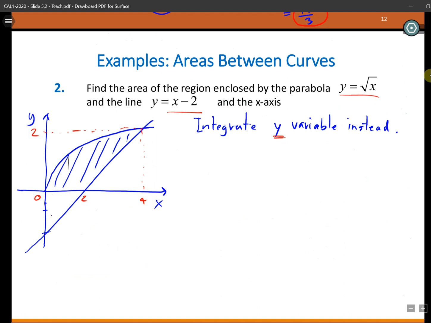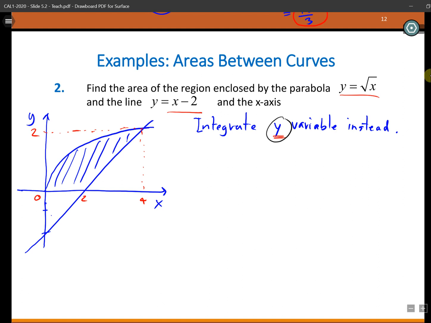rectangle vertically like before, right now it's going to be a little bit different. It's going to be horizontal instead of being vertical. So let's take a look here. Okay, the region looks just the same as before, but this time around we are going to work on the y variable. Which means we have to look at things on the side.